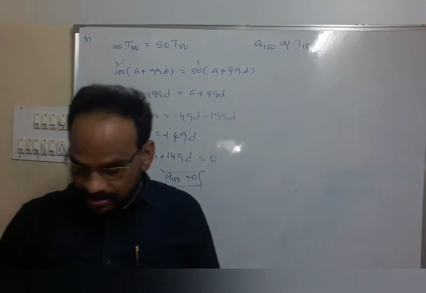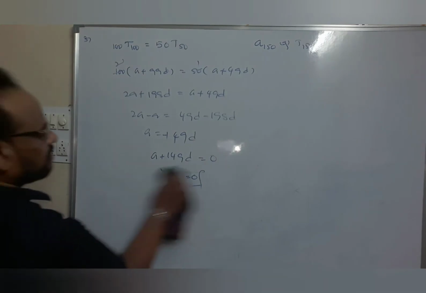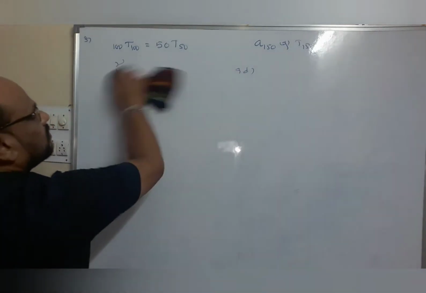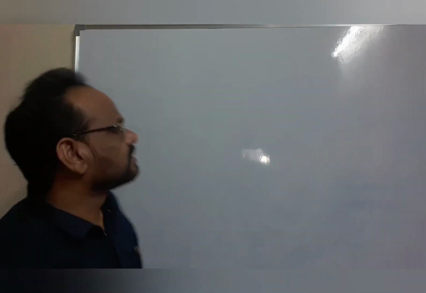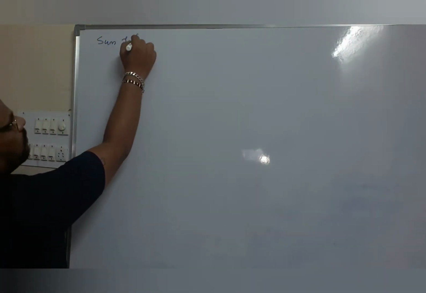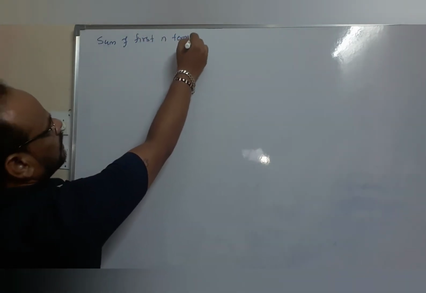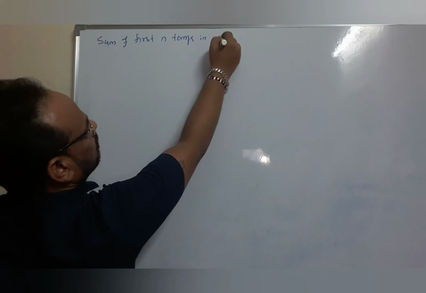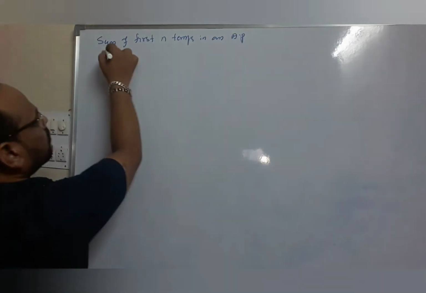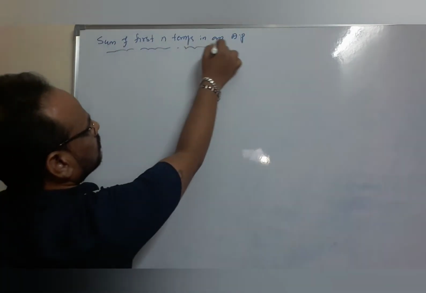Okay. Next, derive a formula for the sum of first n terms in an arithmetic progression.